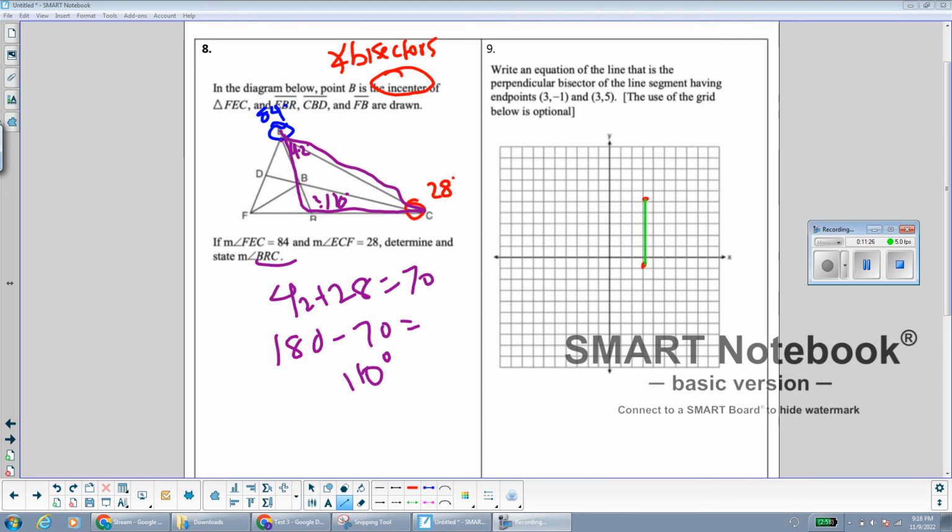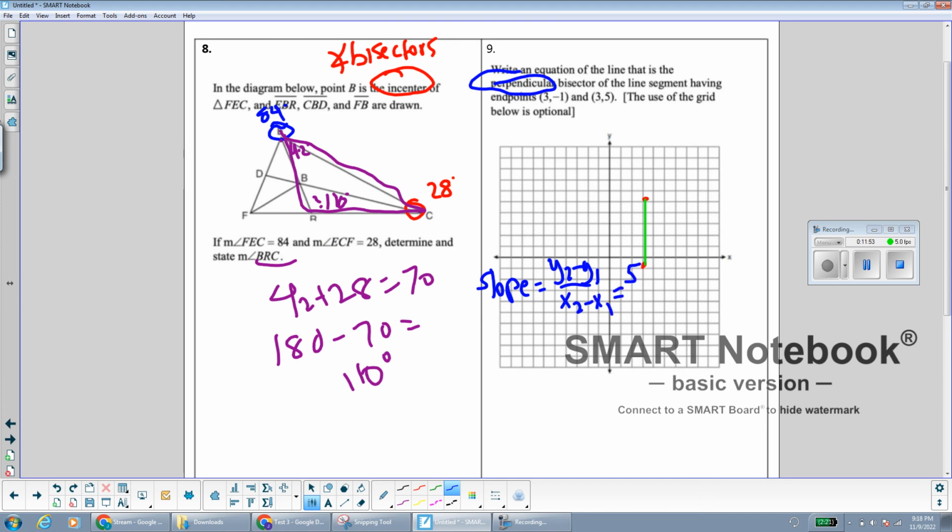For this next question, it's asking us to write the equation of the perpendicular bisector of the given line segment that I just graphed. So the perpendicular part means opposite reciprocal slopes. Perpendicular lines have opposite reciprocal slopes. So we can do the slope formula for the line segment that we have. That's y2 minus y1 over x2 minus x1.